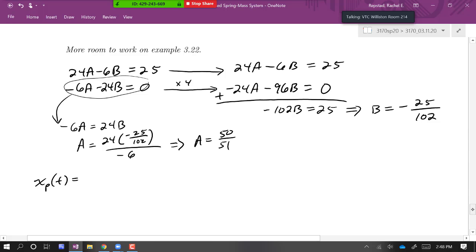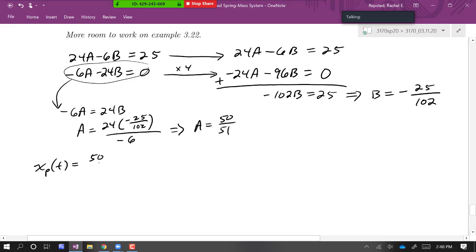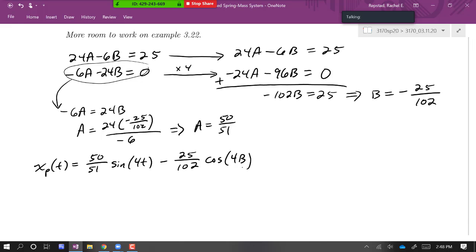A was our coefficient on sine. It should be cosine 4t. Oh, good. That would be weird. That would be a weird function to get.